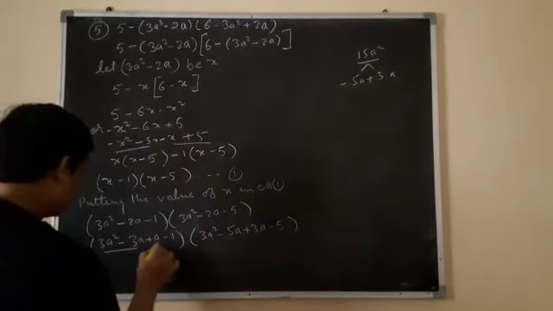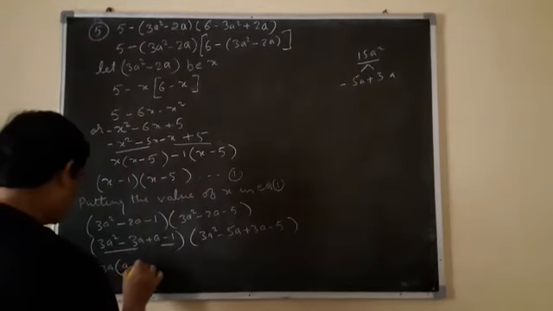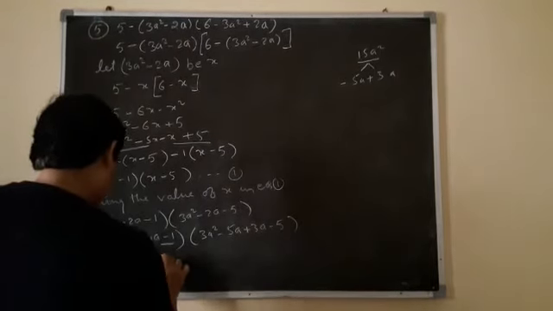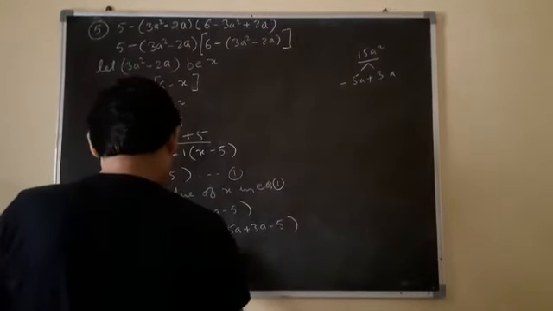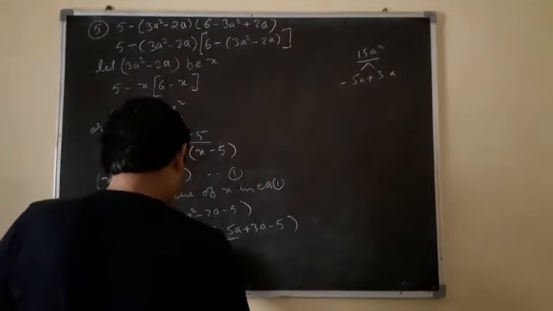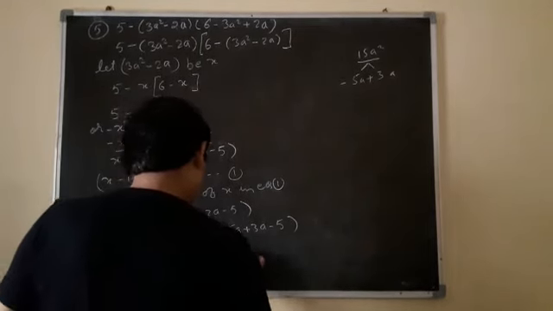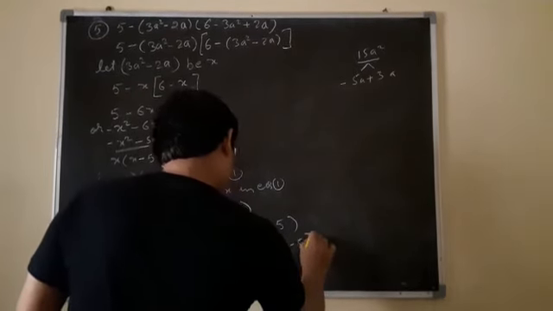Now make a group here and take common: 3a will be common, so a minus 1 plus 1, a minus 1. This side we will first arrange them: 3a square plus 3a minus 5a minus 5.